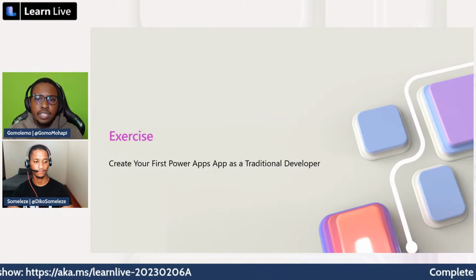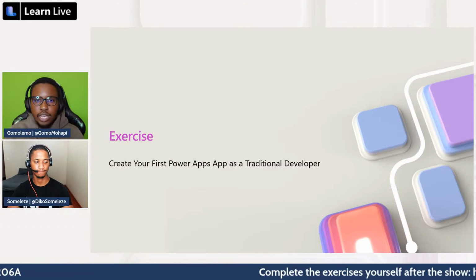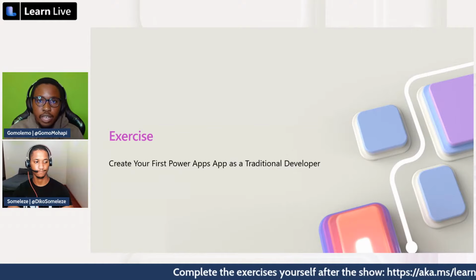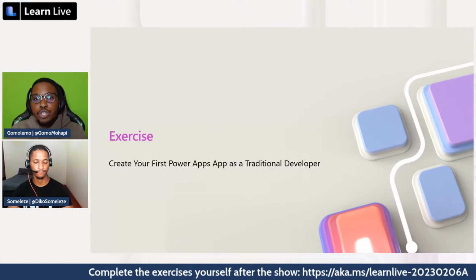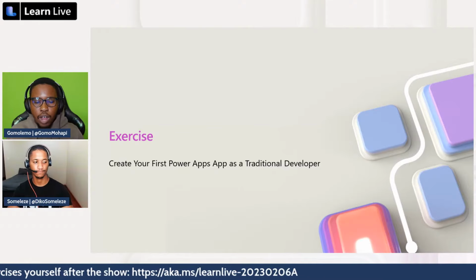So we'll be creating a mobile app that people in the field will use to check inventory and order parts if necessary. We'll be using Excel as a data source to stand in for our dev data.